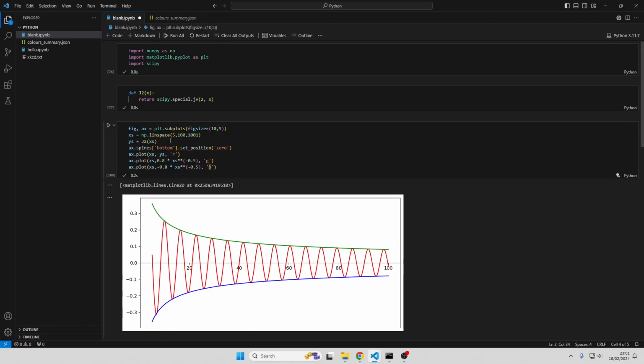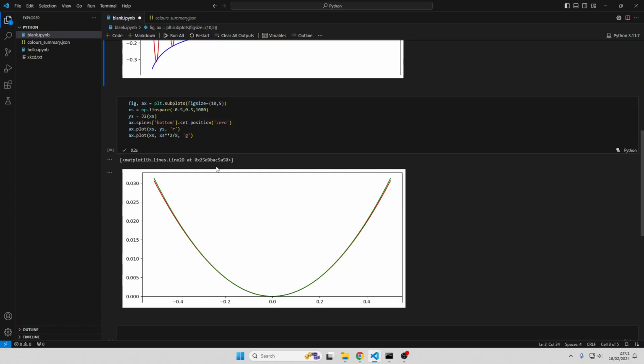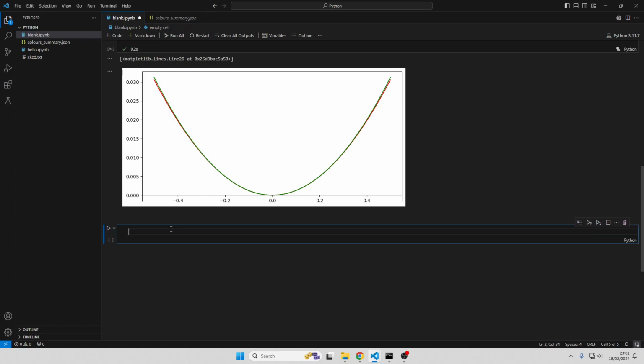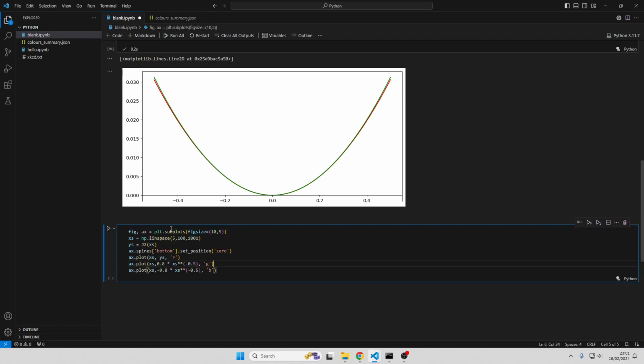Okay, so let's try and understand what the oscillation looks like. For that, let's make another new plot. We're going to put our Bessel function, and let's divide by this envelope that we thought we had.